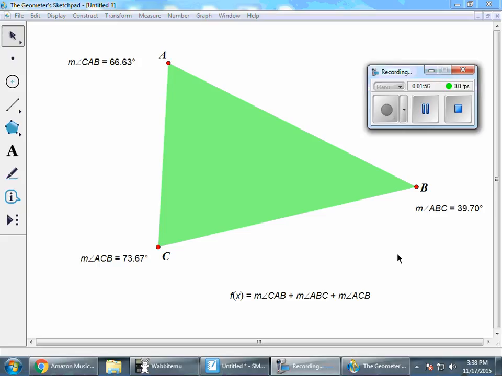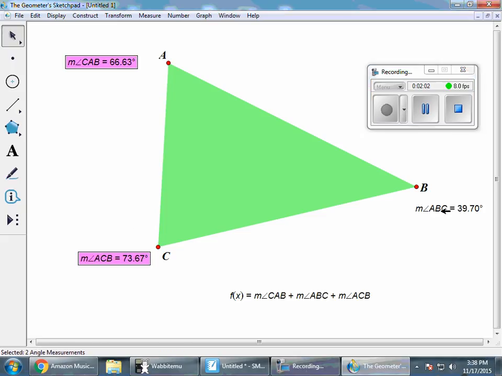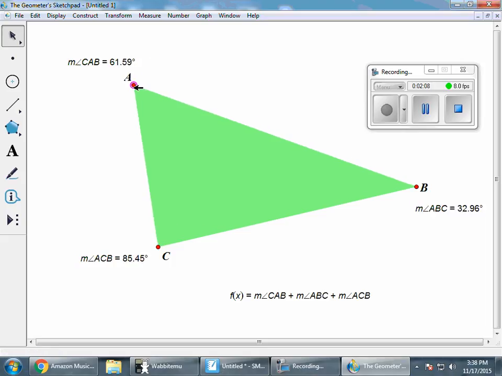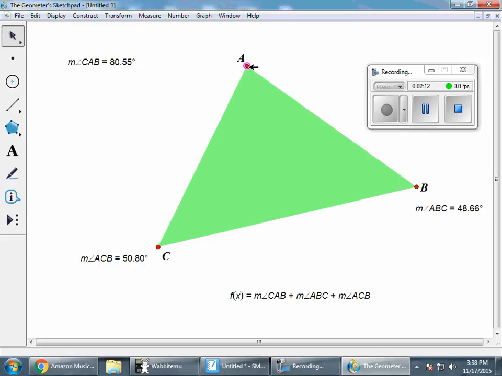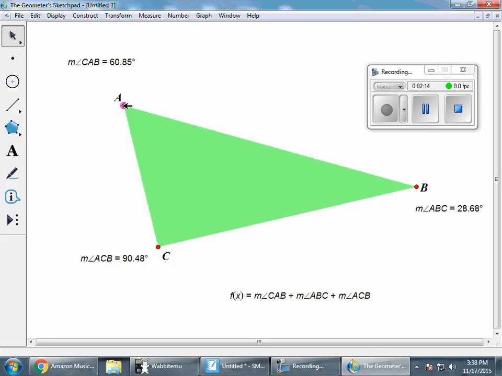Okay, Joseph, I took a little break to draw a triangle in Geometry Sketchpad. Right here, I have the measures of the three angles. As I drag A around, you'll notice that the measures change for all of them. I want you to get out your handy dandy calculator, and you may need to stop the video.